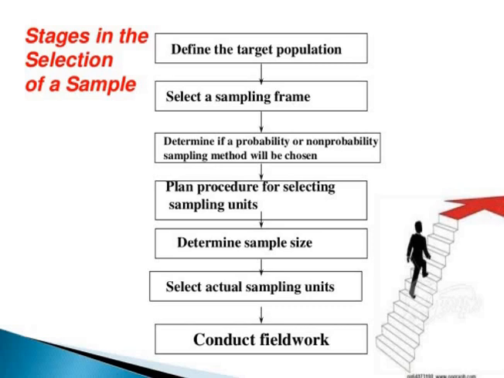The next step is choosing the method to select a sample. That may be probability sampling or non-probability sampling; we can choose any method. Next, we plan the procedure for selecting sampling units, that is, how we are going to select sampling units using these methods.